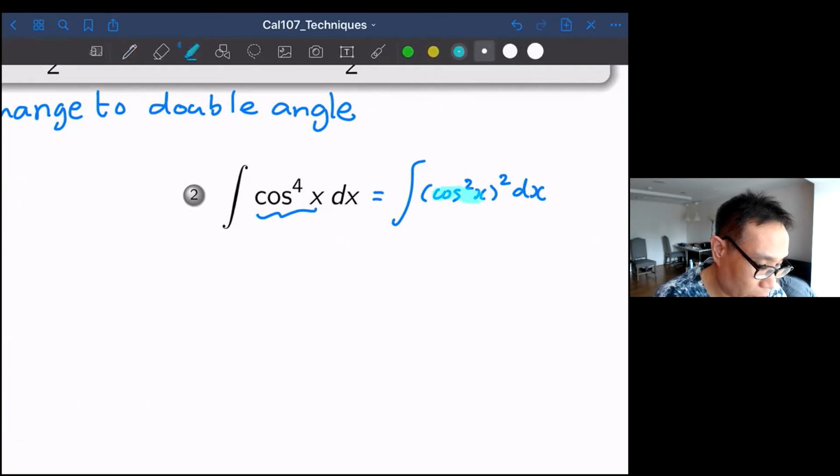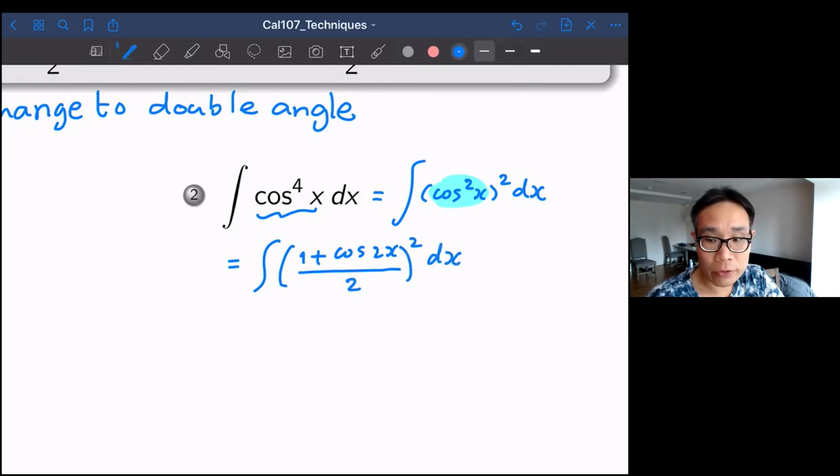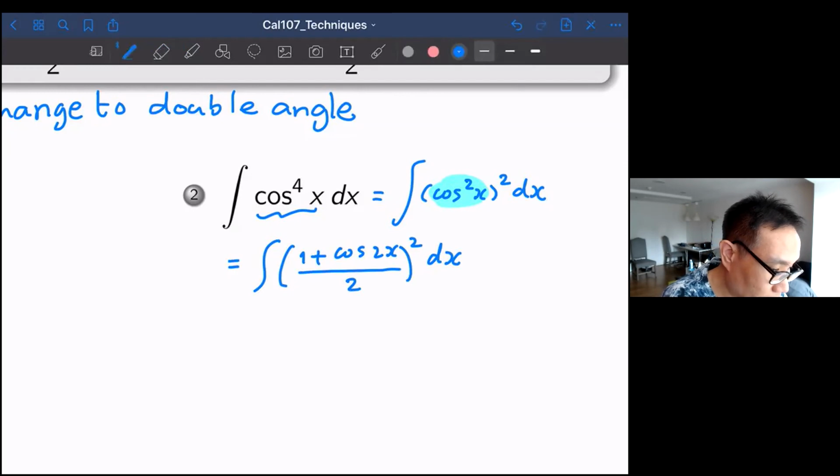So you have cos square, so you would get integrate 1 plus cos 2x over 2 squared dx.